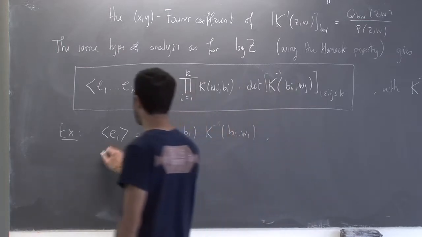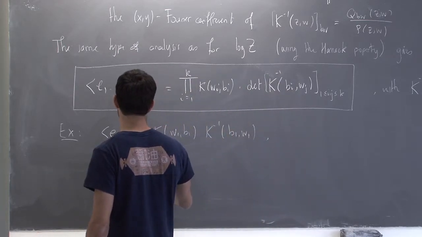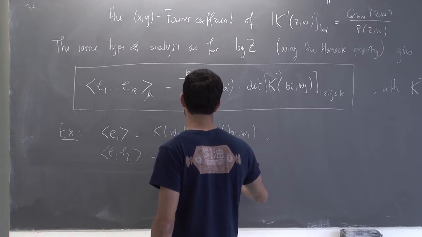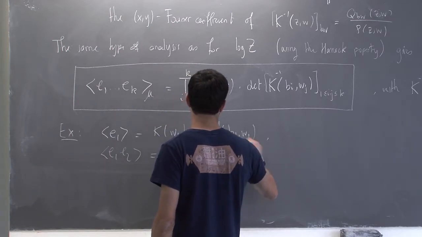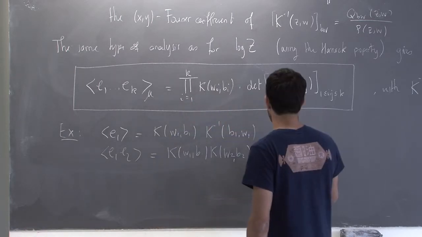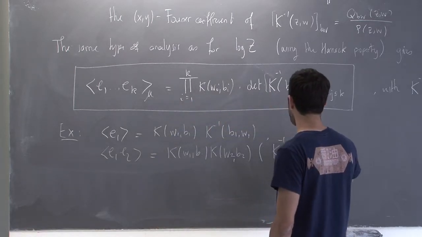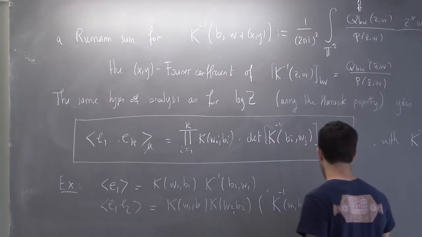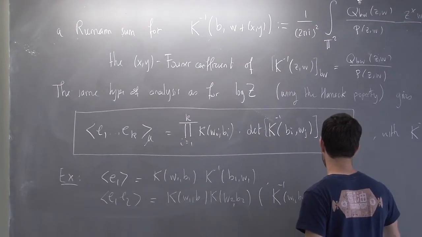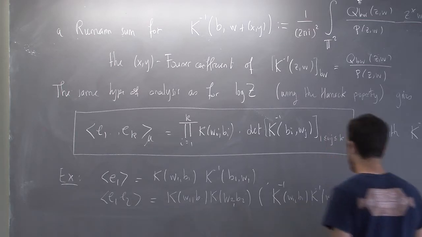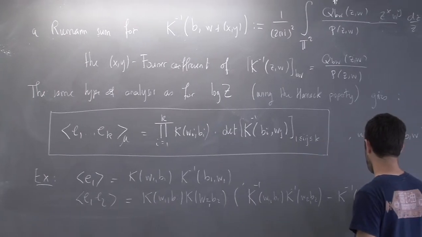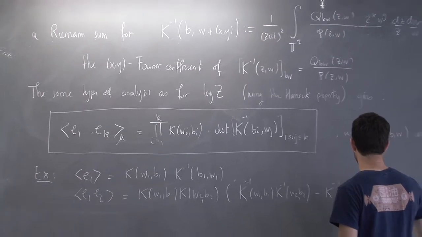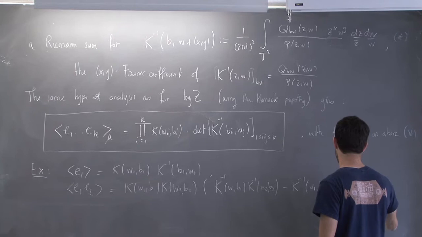If I take E1, E2, it will be K W1B1, K W2B2 times the determinant of a 2 by 2 matrix, K inverse W1B1, K inverse W2B2 minus K inverse W1B2, K inverse W2B1.